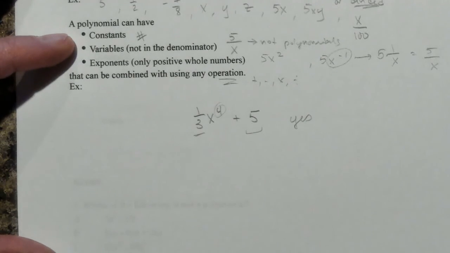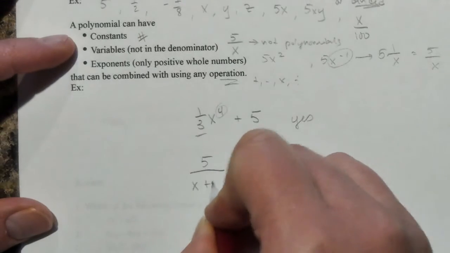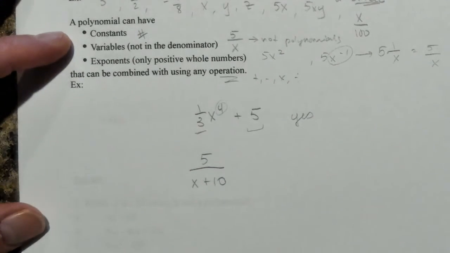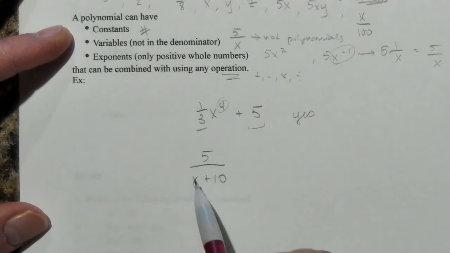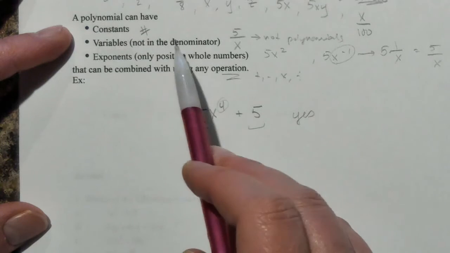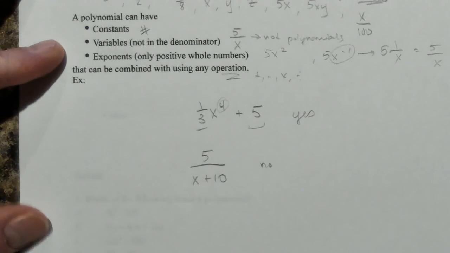This is okay. If I had 5 over x plus 10. So hopefully you notice there's a problem here with x in the denominator. We cannot have variables in the denominator, so I'll just say no, that is not a polynomial.